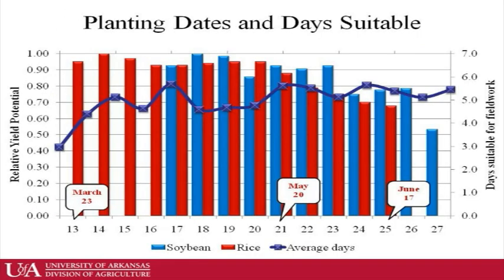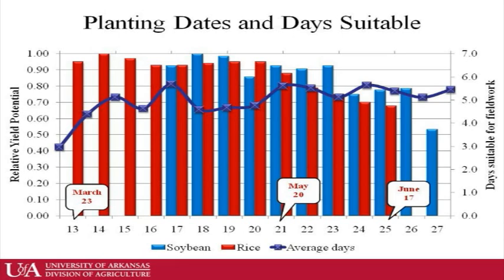If we put these on top of each other, this is going back, adding the yield potential for rice and soybean, along with the days suitable for field work. We can see that in the springtime, early spring, let's say late March, early April, we have fewer days per week that we're expected to be able to get into the field. And this blue line is the average, what we expect. It's not a bad year, it's an average year. But then it kind of hovers around 5 days per week.